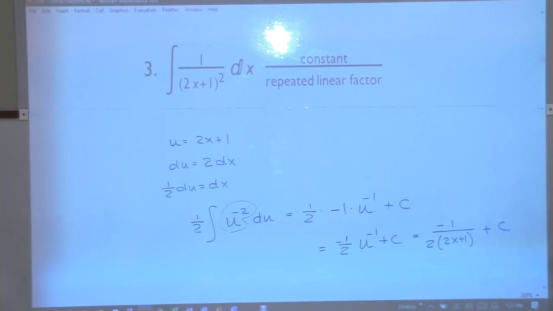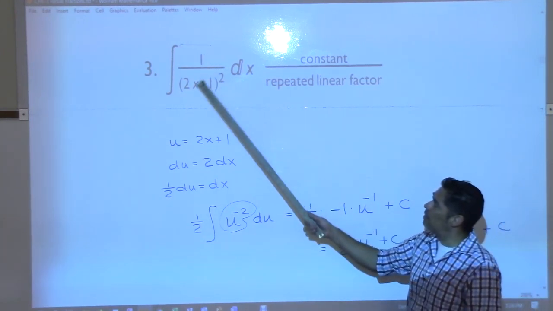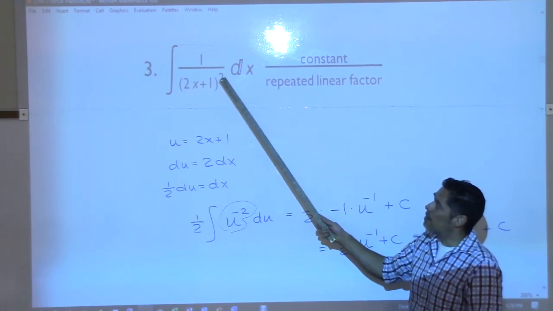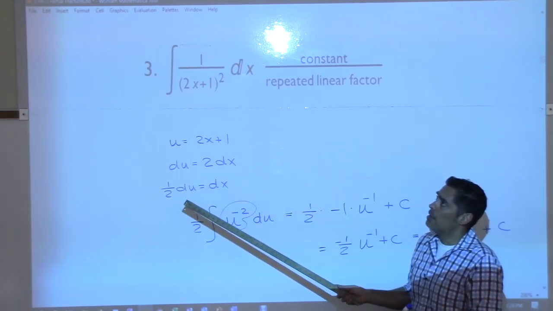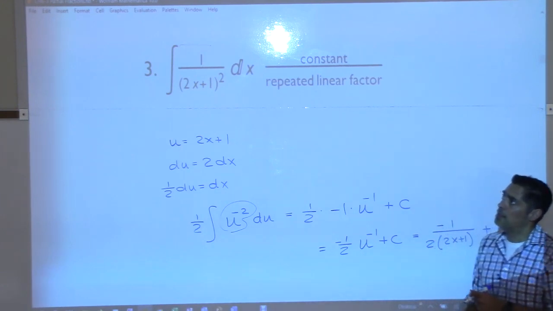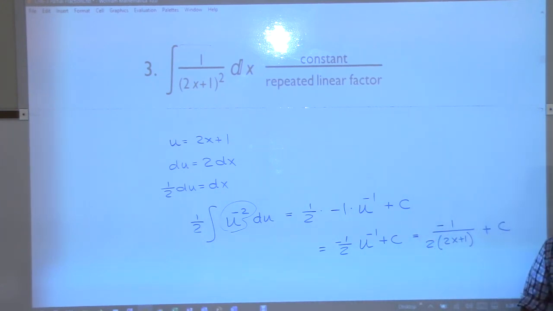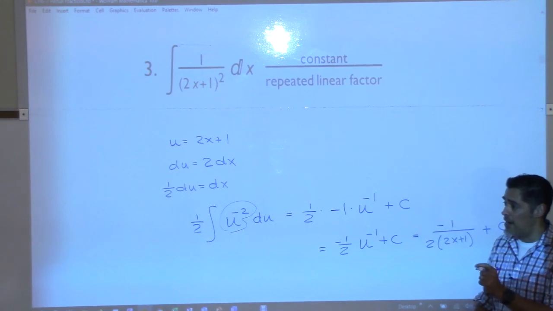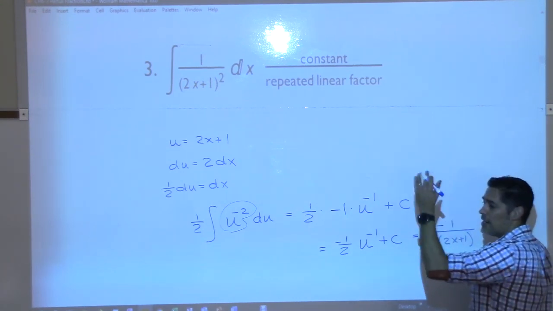Okay, so could we have done this without writing anything down? I think yes, but it depends on where you are, okay? You really have to be comfortable with the power rule mentally to be able to do this without writing anything down. So if we go back and look at it again, we have a constant over a linear expression to the 2nd power. So I know that this is going to be a basic u substitution. I know I'm going to have to scale by 1/2, right? So I'm writing down what I'm thinking here.